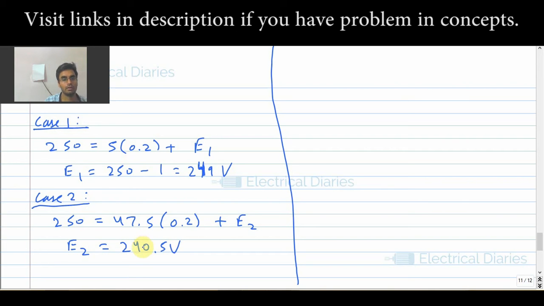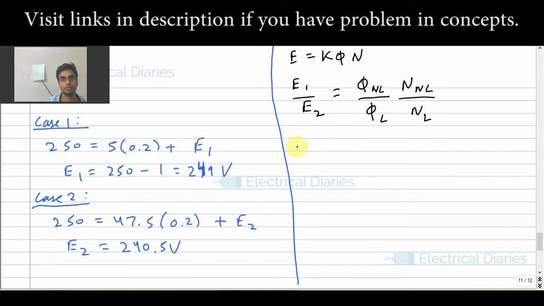Now you know the relation E is equal to K phi n. So E1 by E2 is equal to phi no load by phi loaded into N no load by N loaded. E1 is the no load case and E2 is the load case.